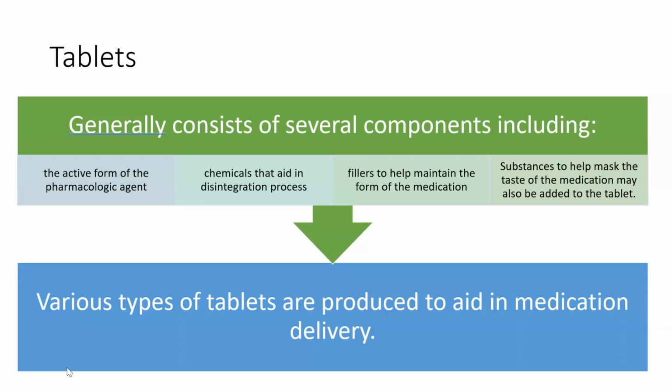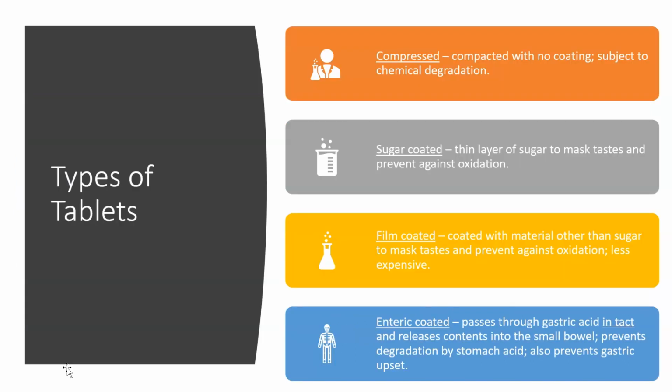Various types of tablets are produced to aid in medication delivery. So the types are compressed, sugar-coated, film-coated, enteric coated. Compressed is compact with no coating, subject to chemical degradation. Okay, so it cannot hold its form.